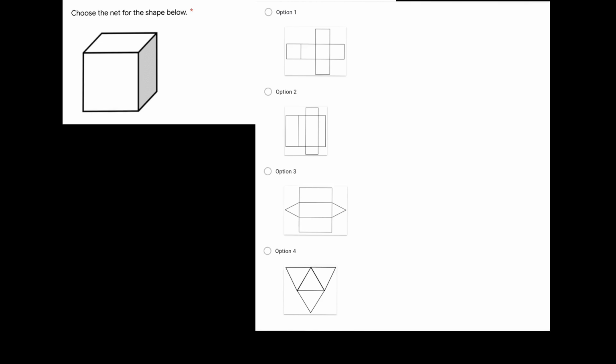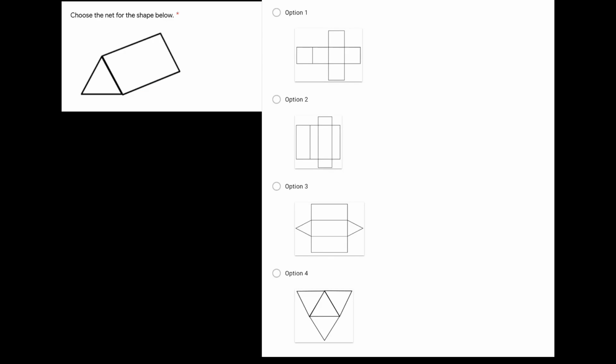Choose the net for the shape below. This shape right here is a cube. You can refer back to our lesson video to figure out which one of these options would make a cube if you unfolded it. This shape is a triangular prism.